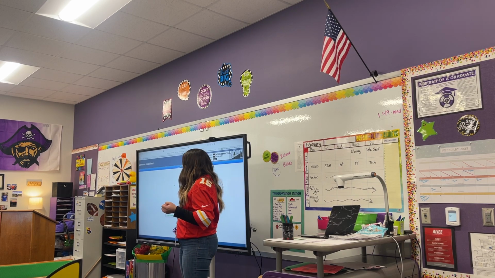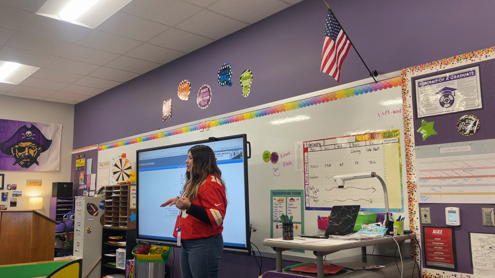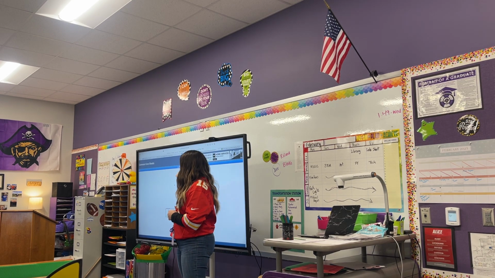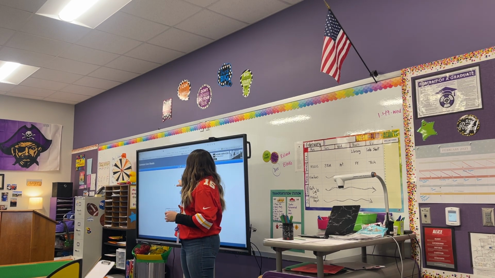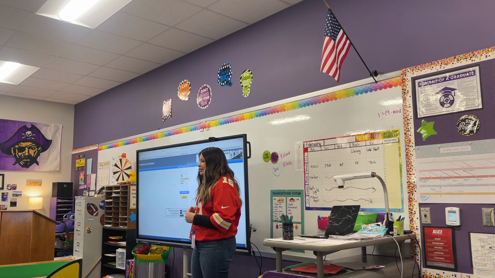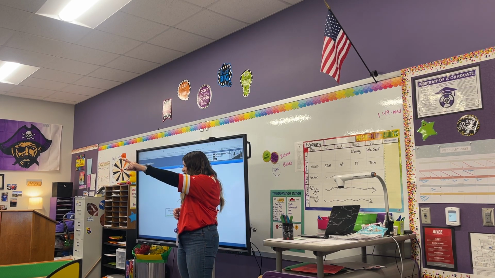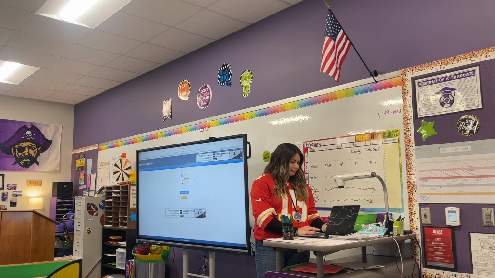So what would that make our fraction then? 1/2.